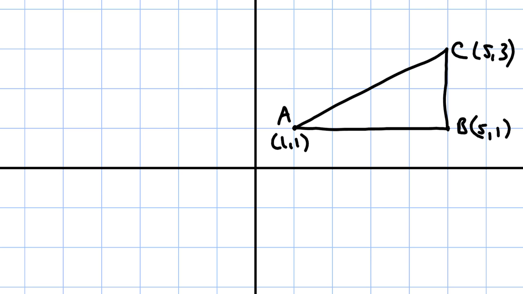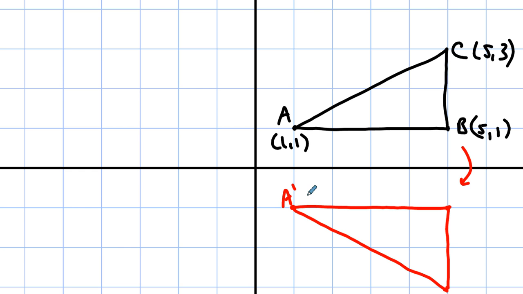We can reflect over the x-axis. And you can imagine what the reflection looks like, what the image looks like. It is worth examining what happens to the coordinates of A and B and C as they become A prime, B prime, and C prime.